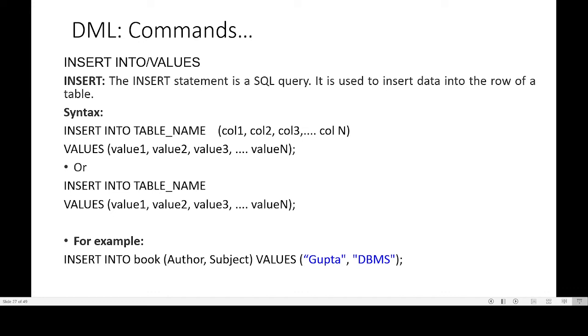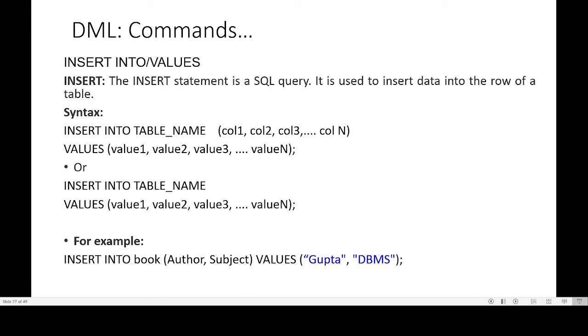So insert into table name, with the columns we are going to insert values into, then values. Insert into and values are the keywords. Then we put the values: value 1, value 2, value 3, etc. Corresponding to the columns defined here, we have to enter the values here.